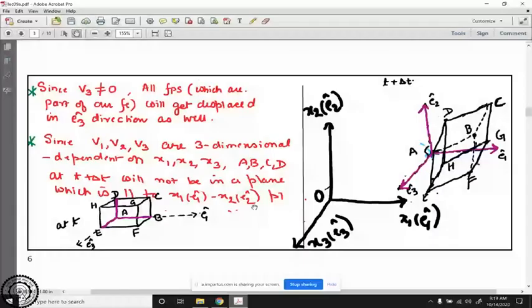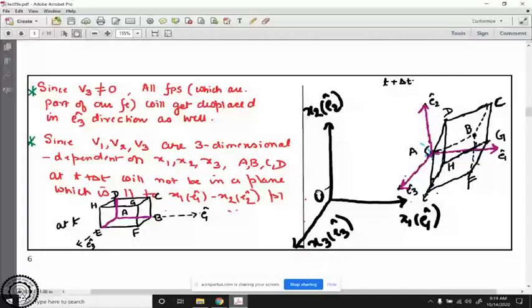Yesterday, ABCD were getting displaced but were still confined to a plane parallel to x1 e1 and x2 e2. But now, with this three-component, three-dimensional velocity field, that is not guaranteed. They will not be lying in a plane which is still parallel to x1 e1 and x2 e2.